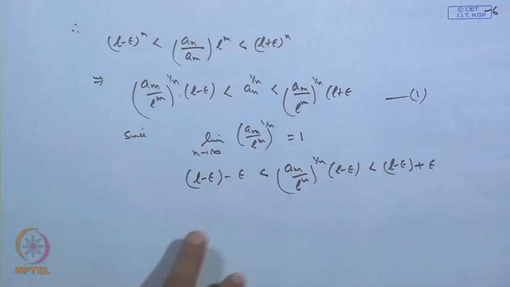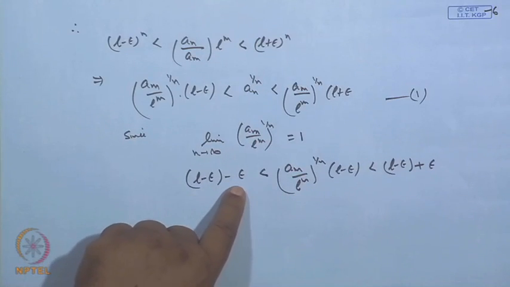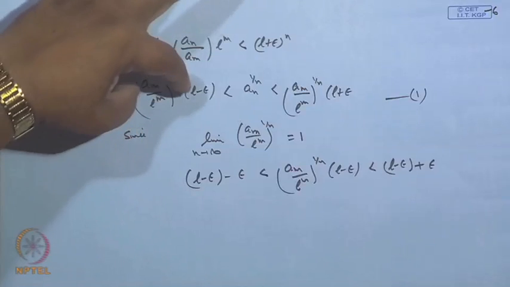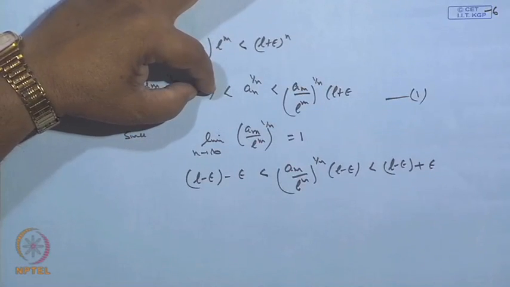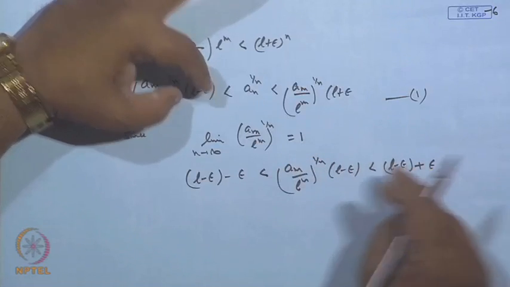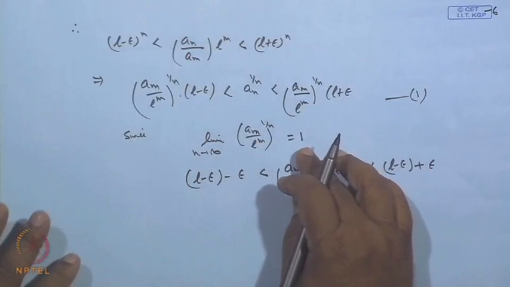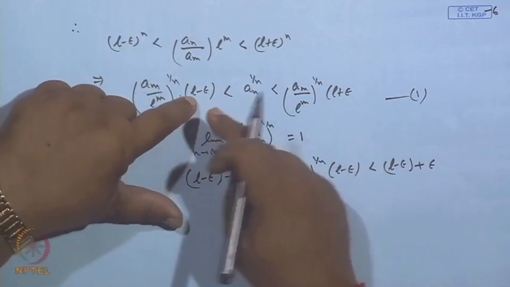This a_m by L, this entire thing lies between L minus epsilon and then minus 1. This one is tending to 1 basically, so this limit will go to L minus epsilon only.